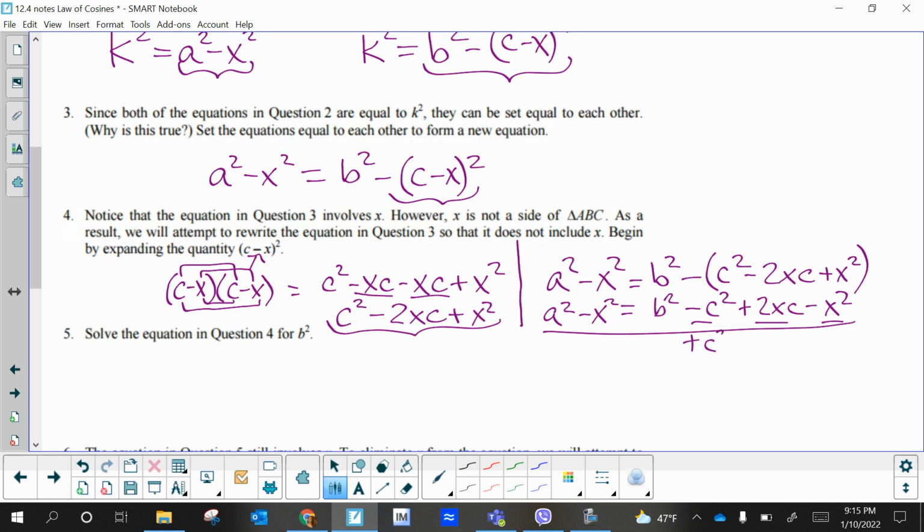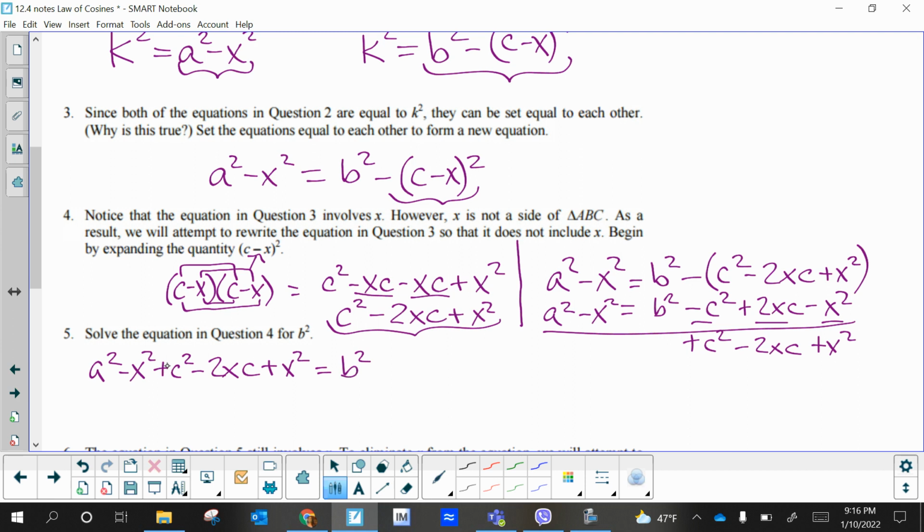I'm going to add c squared. I'm going to minus 2xc. I'm going to add x squared to the other side. So here's what we end up getting. A squared minus x squared plus c squared minus 2xc plus x squared equals b squared. I've got b squared by itself because that's what they wanted me to do.